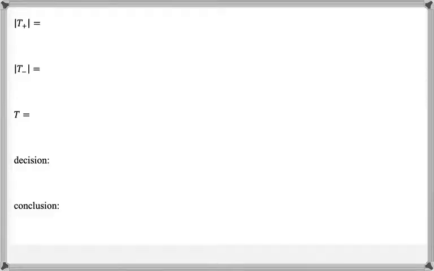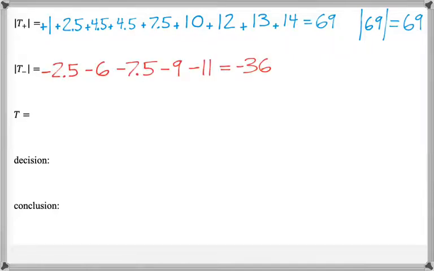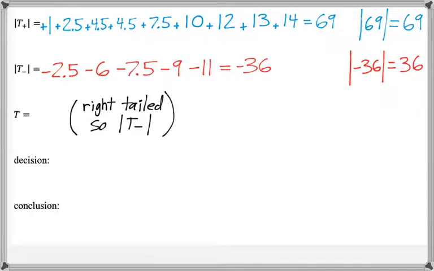To find T plus, we add up the positive ranks and take the absolute value to get 69. To find T minus, we add up the negative ranks and take the absolute value to get 36. Now, because this is a right-tailed test, T is equal to T minus, so 36.